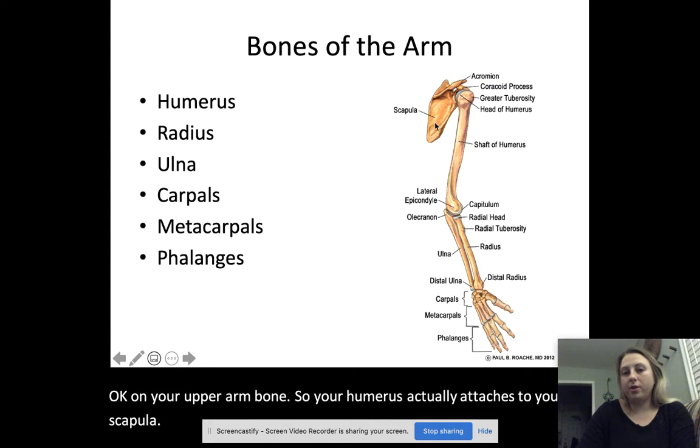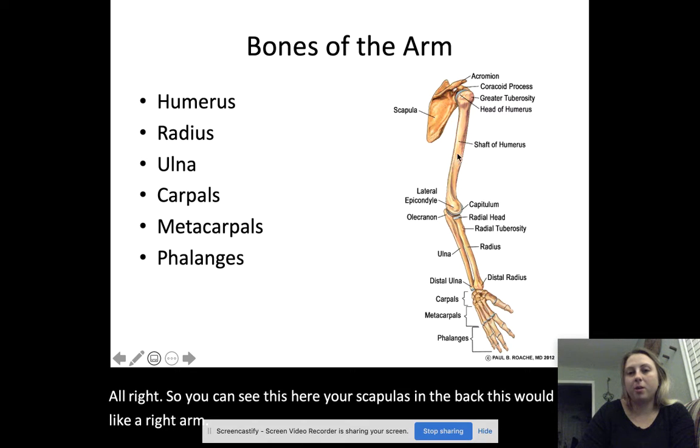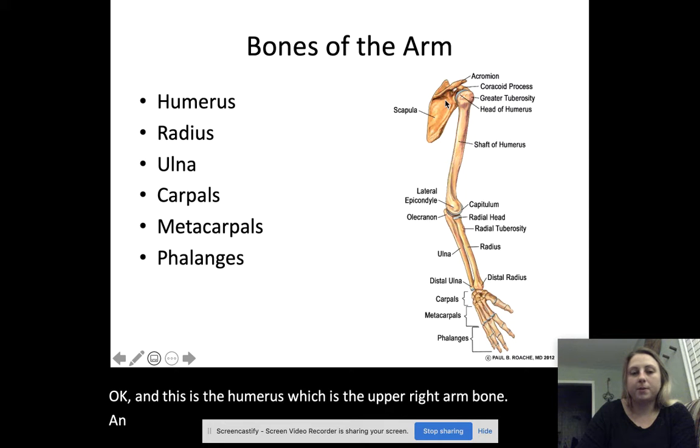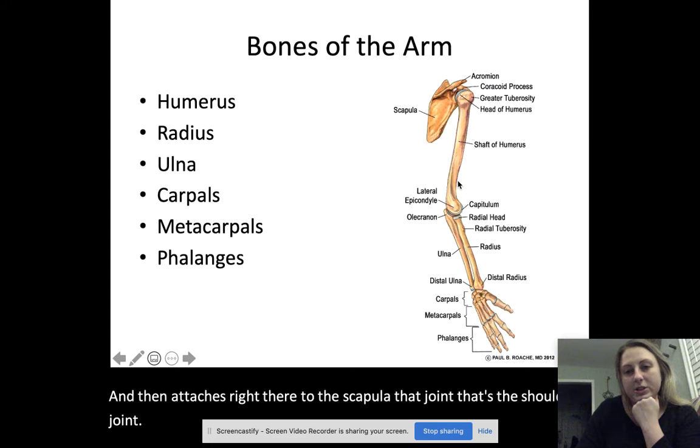You can see this here. Your scapula is in the back. This would be like a right arm, and this is the humerus, which is the upper right arm bone. And it attaches right there to the scapula, that joint. That's the shoulder joint.